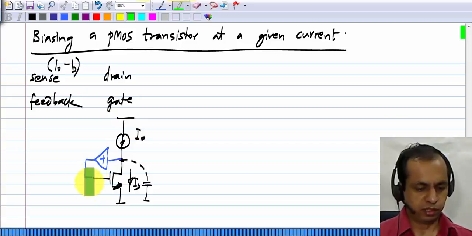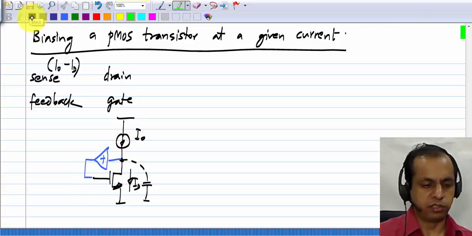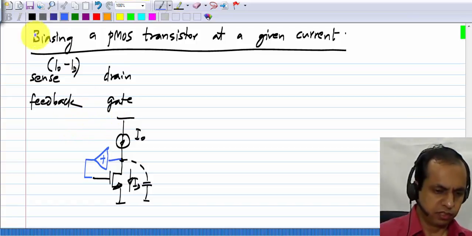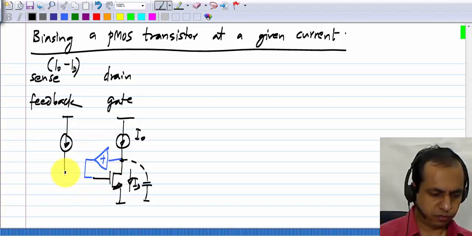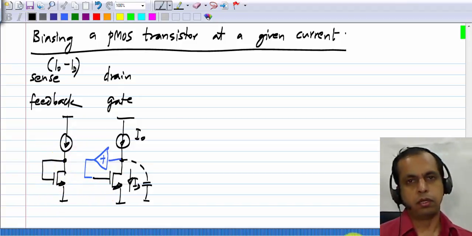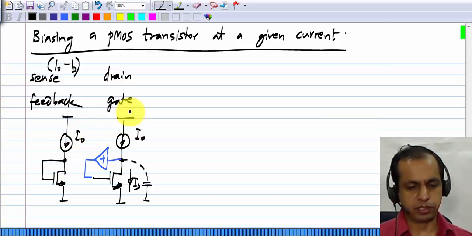That is, the gate voltage should increase if the drain voltage increases, and the simplest implementation of this is of course a short circuit, where we have this. And we have seen how to realize amplifiers with this.